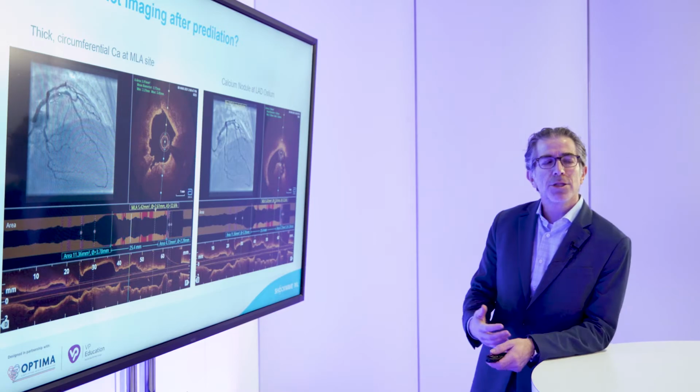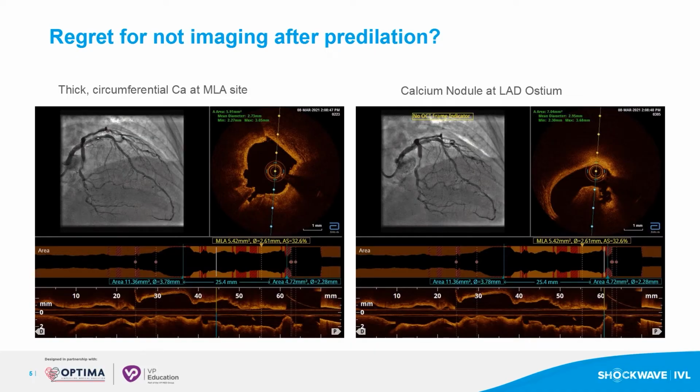And there's been much discussion prior to TCT about whether there are certain morphologies of calcium which are less amenable to shockwave IVL. And there were some very good presentations looking at the OCT substudy of the Disrupt CAD III trial, which looked at eccentric versus concentric calcification and calcified nodules.